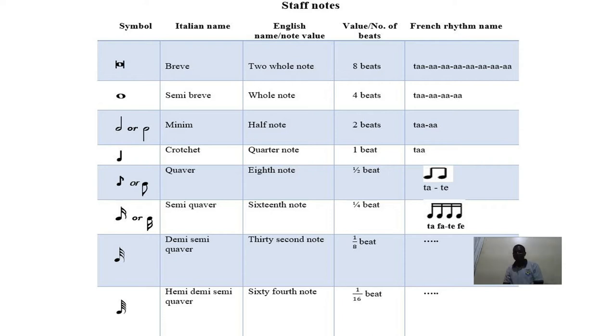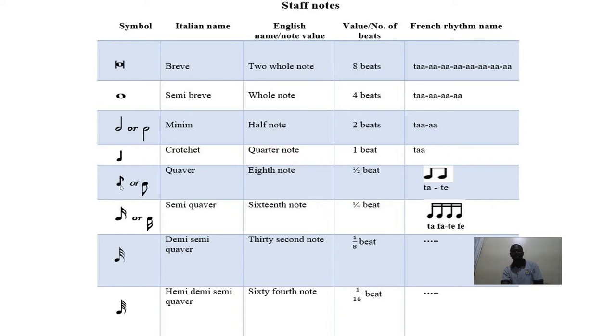If you want several of them, then you could clap. Ta, ta, ta, ta at a steady speed that you choose. Next is a quaver. A quaver resembles a crotchet, only that it has a hook.